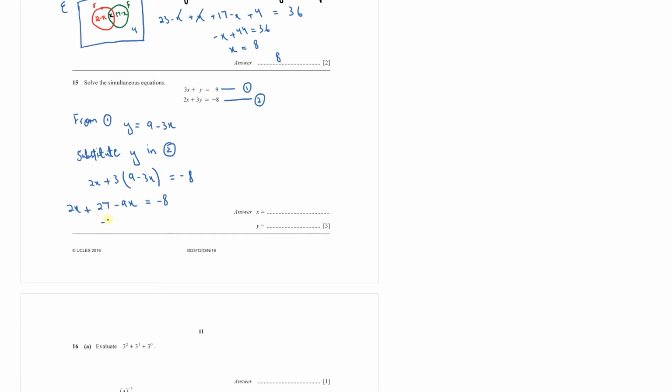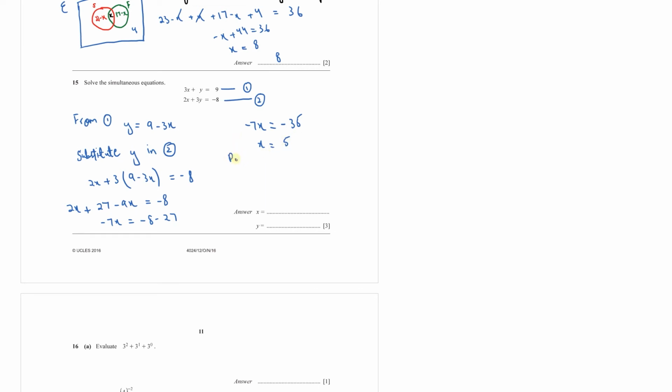Minus 9 plus 2 is minus 7x equals minus 8 minus 27. I'll continue here at the top. Minus 7x will equal minus 27 minus 8, which would be minus 35. And then x will equal 5 here.